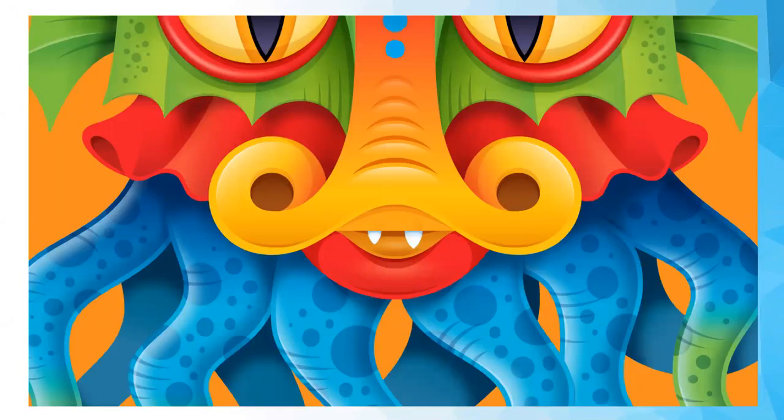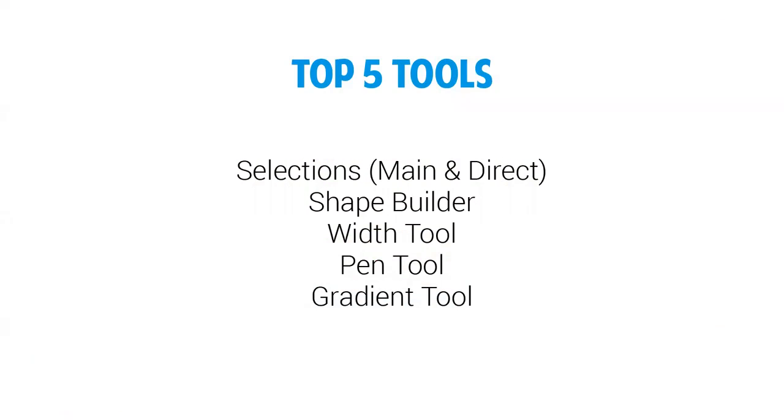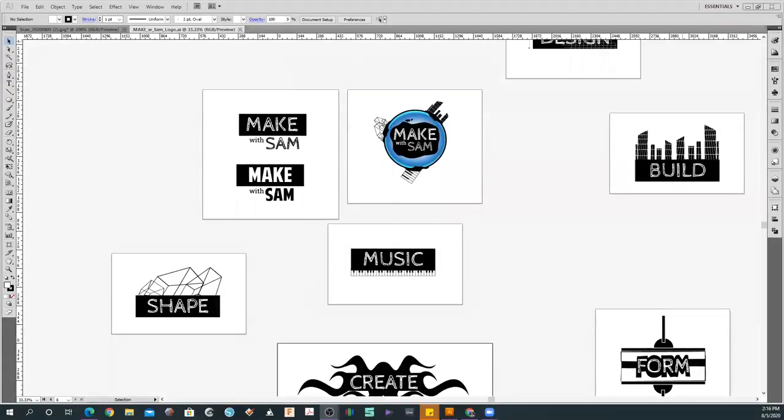Actually, if you look at it closely, there's not a lot of flat, solid colors anywhere on this, except for maybe the spots or the way that they overlaid those details. But this is a good example of how the gradient tool would be used, like in this particular image. So let's get to it.